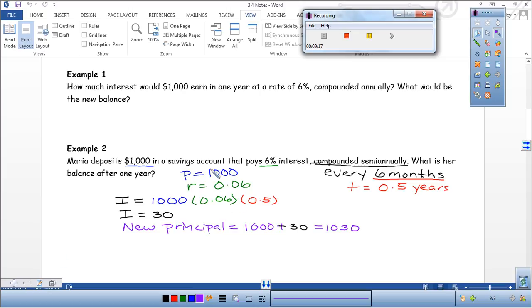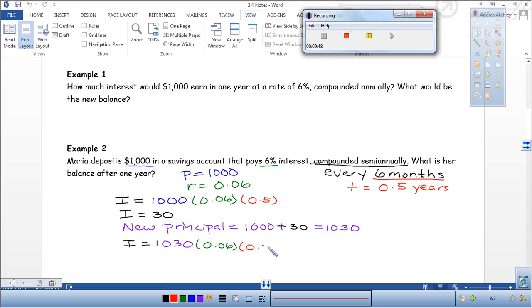I'm going to use that same formula, interest equals principal times rate times time, but my new principal is going to be the principal now. So my interest equals 1,030 times my rate of 0.06 times my time.